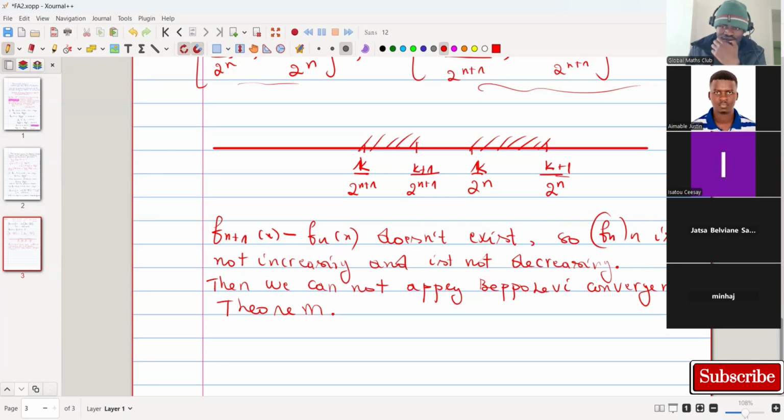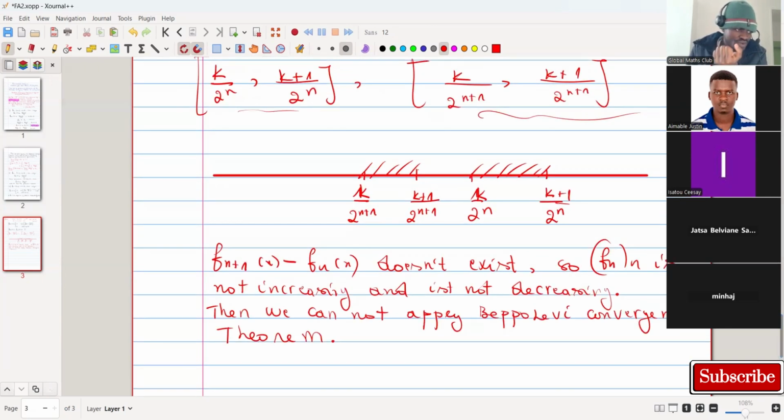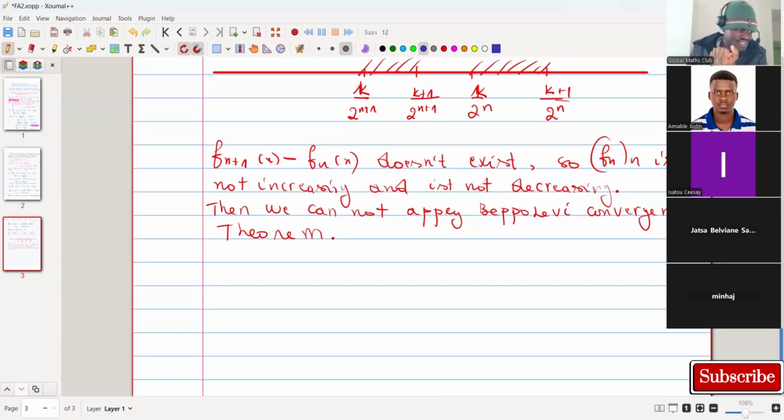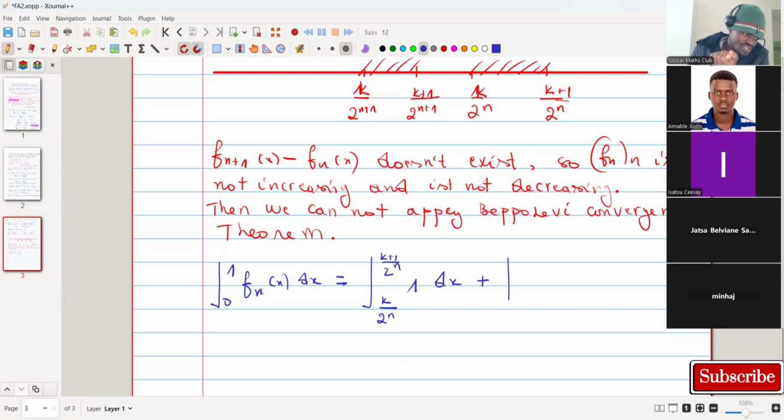But maybe we can compute the limit. We are going to try to see if we can compute this limit. So what is the integral of fn between 0 and 1? This is the integral of fn of x from k over 2 power n to k plus 1 over 2 power n of 1 dx, plus 0 otherwise, so everywhere except in this interval.